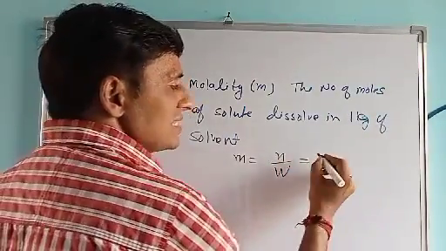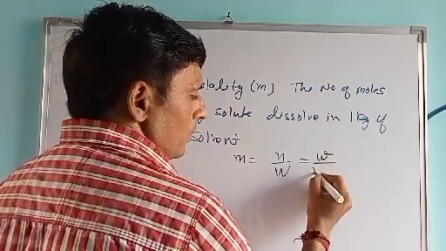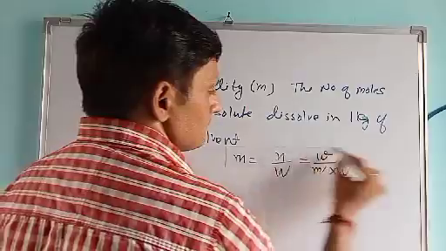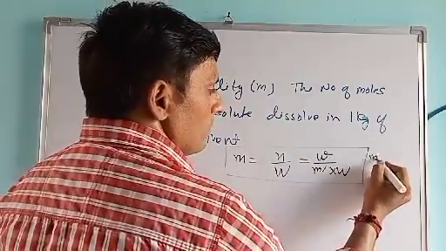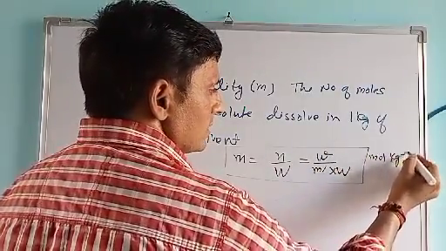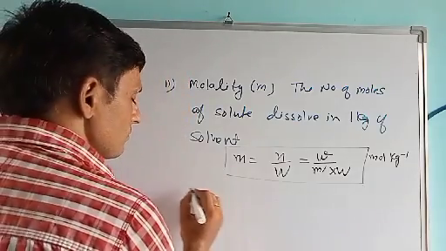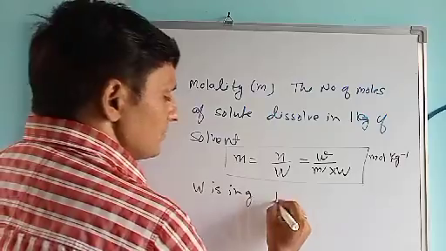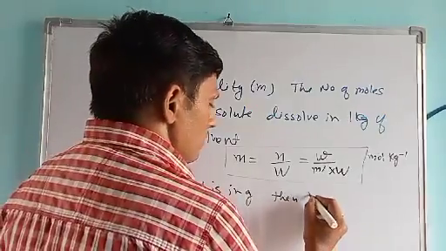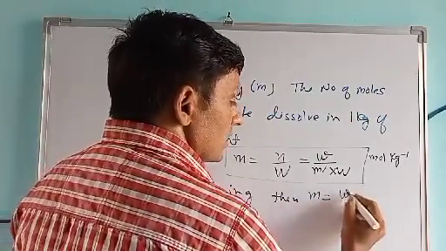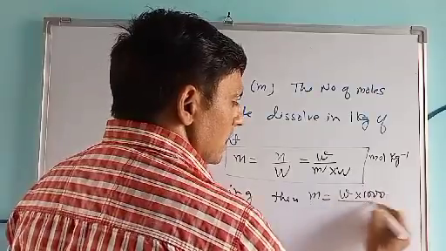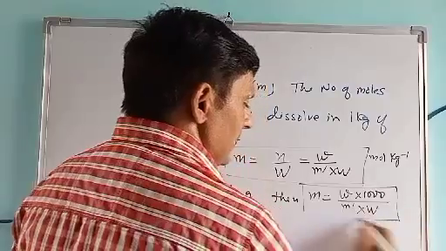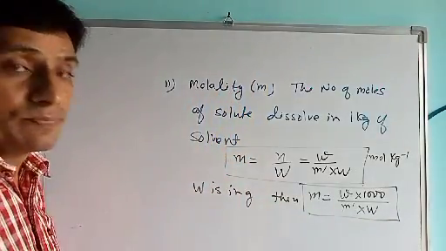Now again, the number of moles is given mass upon molar mass, so the formula is, and mole per kg is the unit. Mole per kg is the unit, or if W is in gram, then molality equals given mass into 1000 upon M dash into capital W. Capital W represents the mass of the solvent.